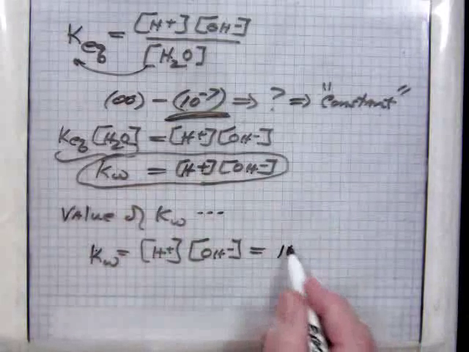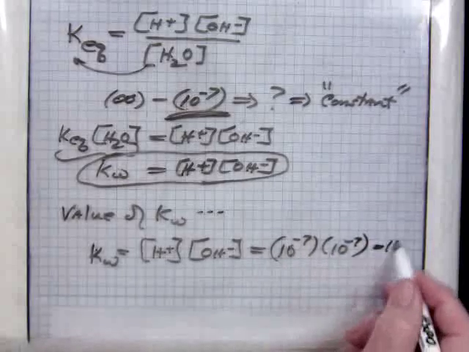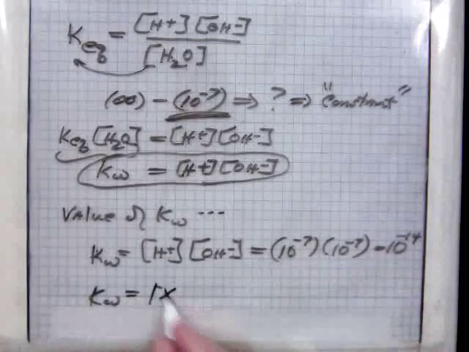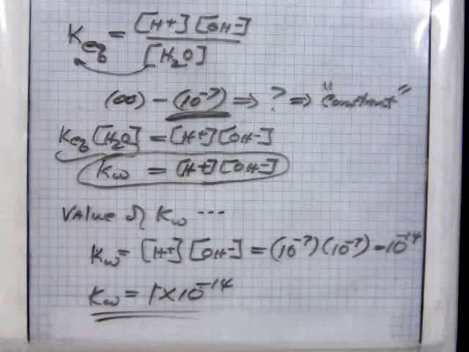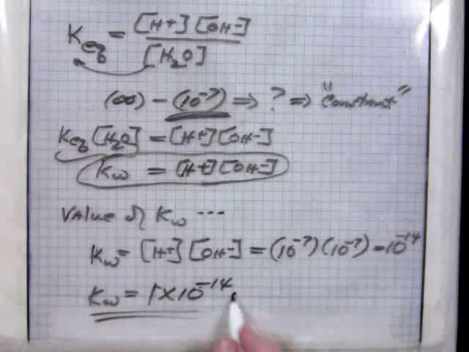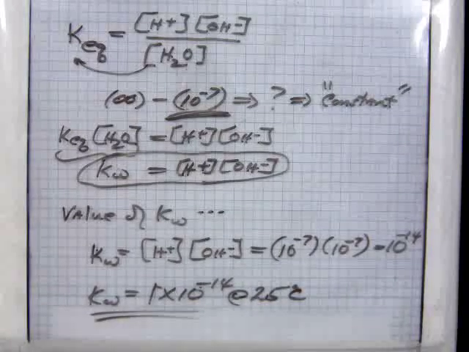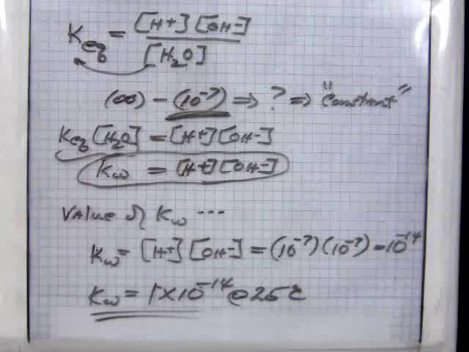So you see 10 to the minus 7 times 10 to the minus 7 is 10 to the minus 14. So Kw is the 1 times 10 to the minus 14 that I've shown you earlier, and you need to memorize that. And it's, of course, at 25 degrees C. If you change temperature, you will change that, but all the problems will work, unless it's specific for temperature change, you'll use 10 to the minus 14. So that's a constant that's going to be used over and over and over again.